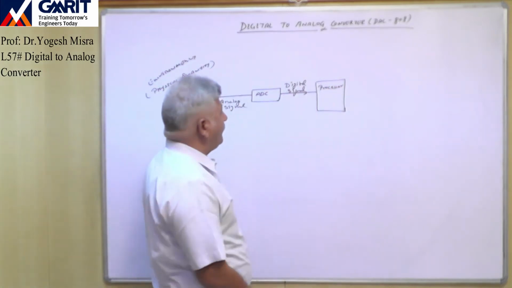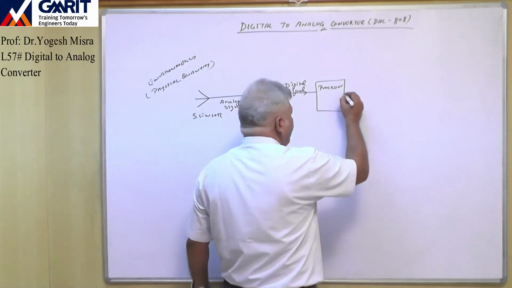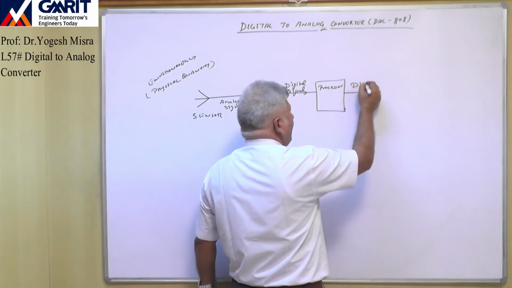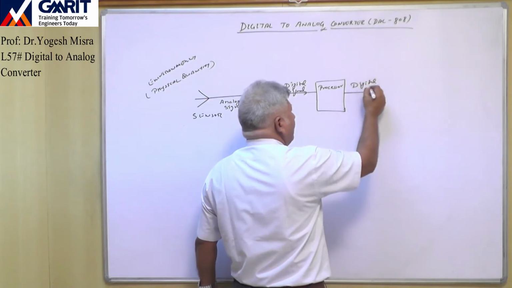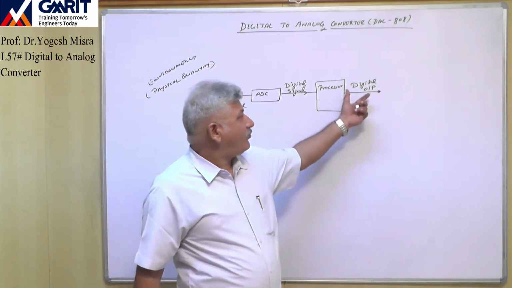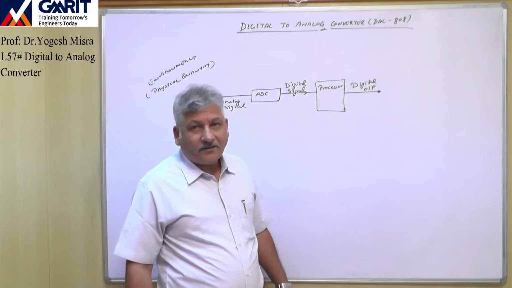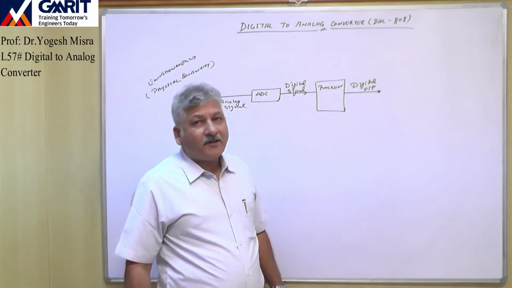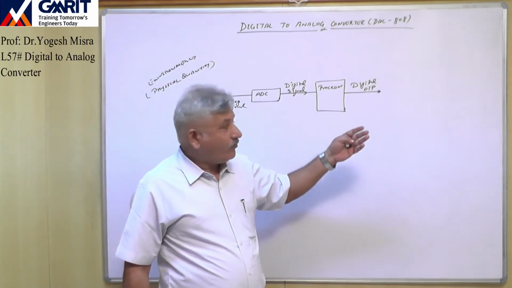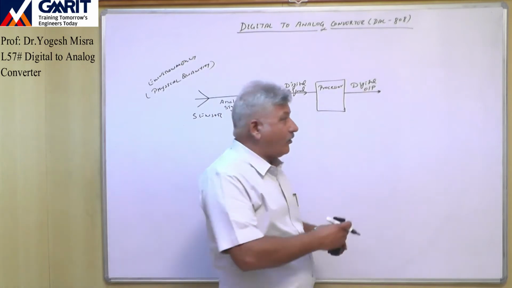The processor will process this digital signal and generate a digital output. Sometimes these digital outputs are directly used in applications, but in some applications we again require an analog signal. So we have to convert this digital output again to analog.